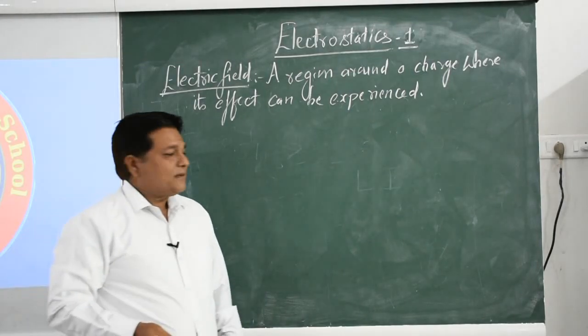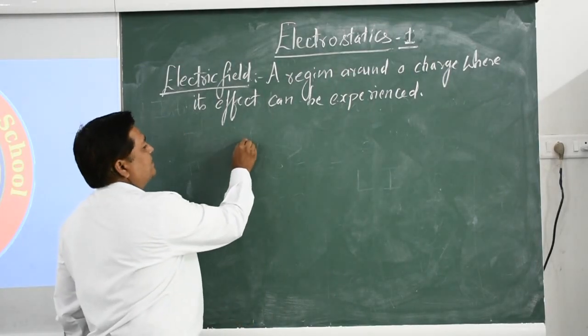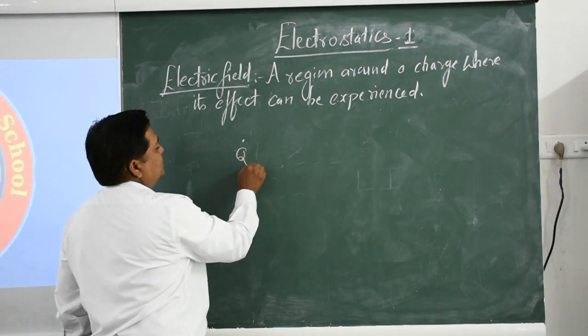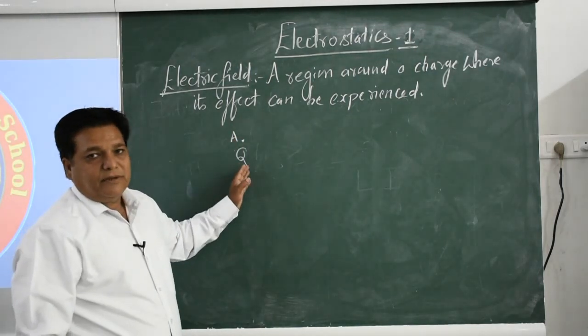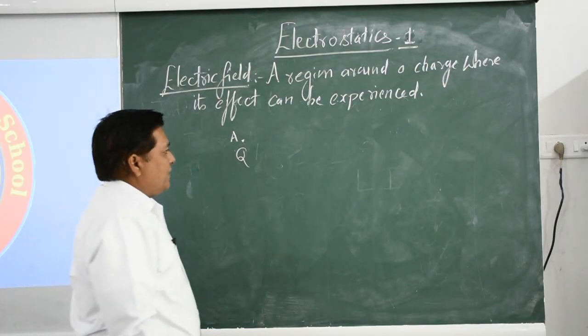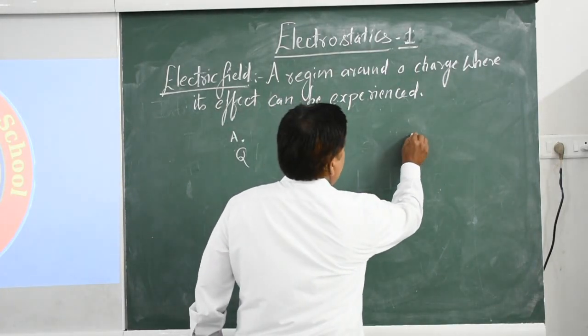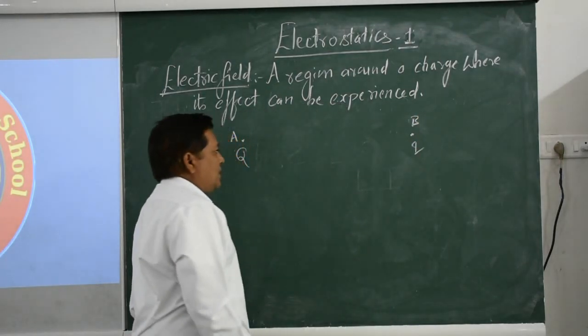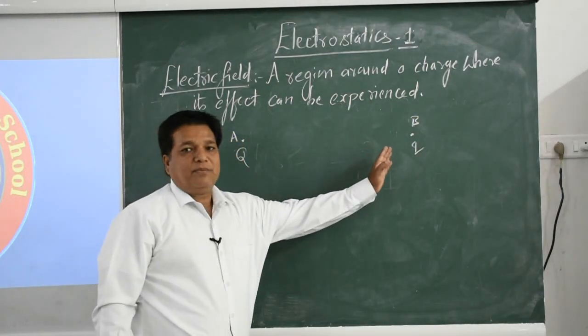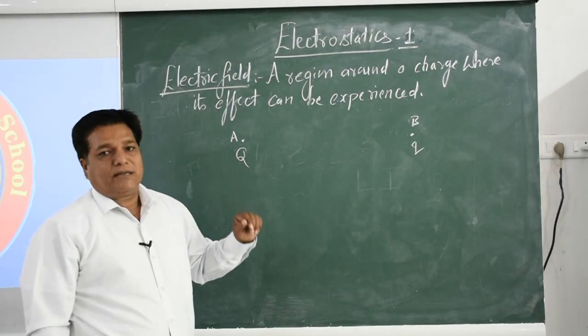We consider that there is a source charge in space. That source charge at location A is considered to be capital Q. If we place any charge here at location B, that is small q, then this charge may experience the effect of the source charge.